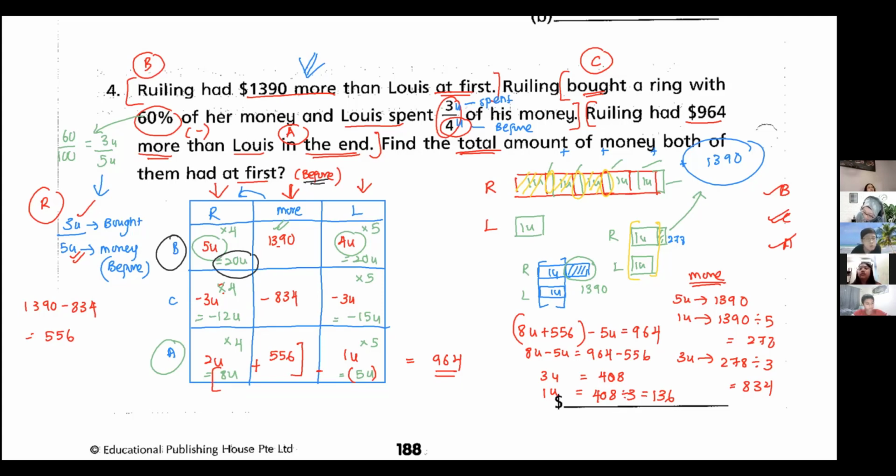So 20 plus 20. Don't forget to plus 1390. Okay, so I want to find 20 units, 136 times 40 equals to 5440. Not done yet. You take 5440 plus 1390 and I will get 6,830 dollars. The end. Okay.